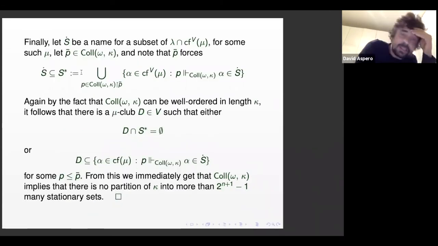Okay, so now you take a name for a subset of some of these stationary sets for some mu, and take some condition in the collapse.